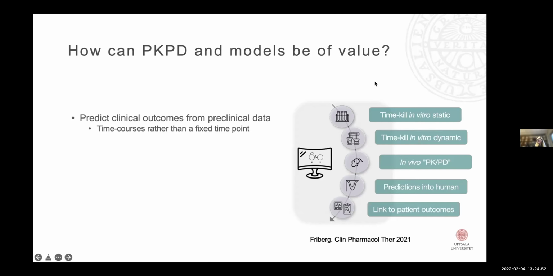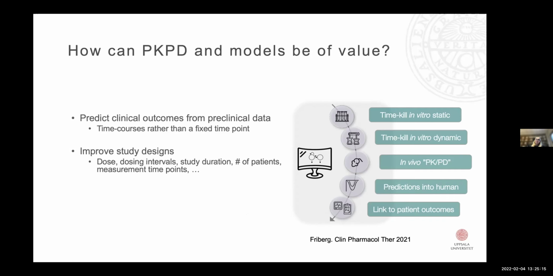So the idea is to go through this chain to make better predictions, but what and how to link to these patient outcomes that are used in clinical trials, that's a challenge that we try to start to investigate, I would say, in this project that Victor is working on.